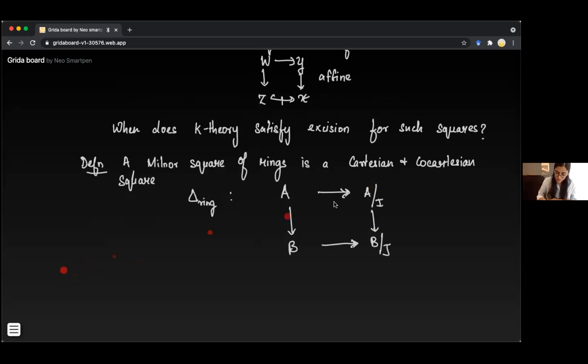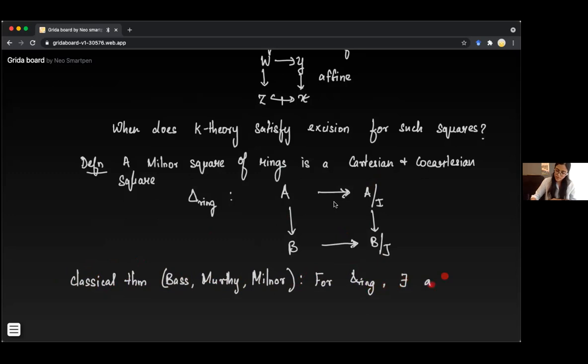And given such a square of rings, it's a classical theorem of Bass, Milnor, Murthy from the 60s that for delta ring, there exists a long exact sequence which starts from K1.